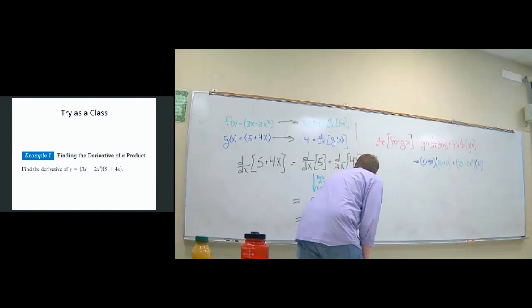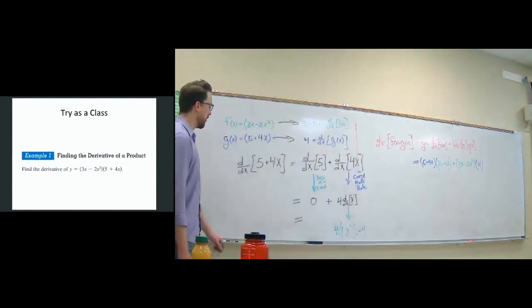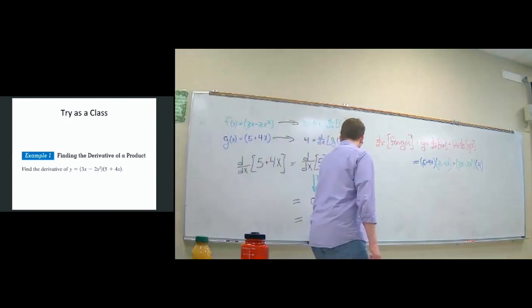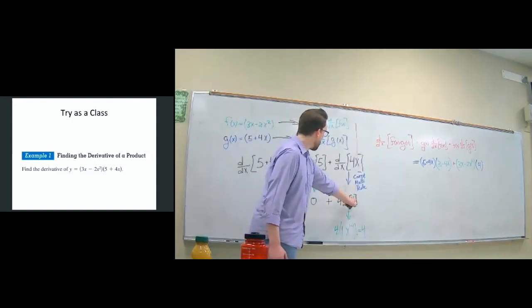One times x to the 1 minus 1, which is just equal to 4. You can think of rewriting this with the power up top, right? We can sneak in that 1 right there.